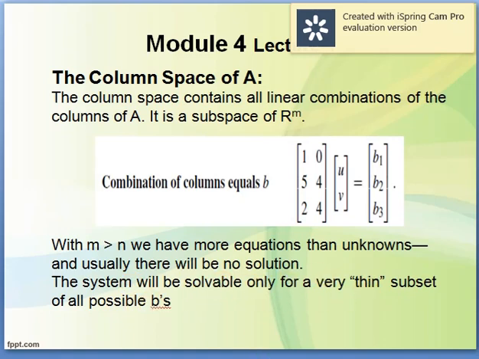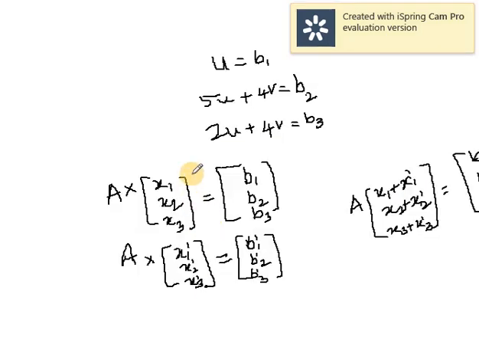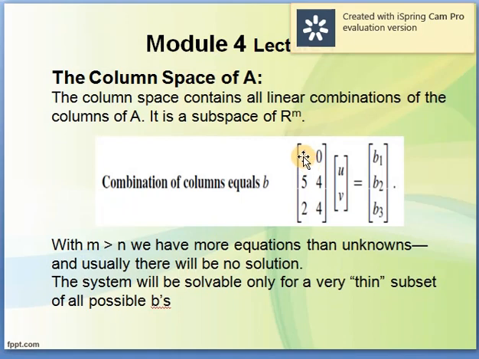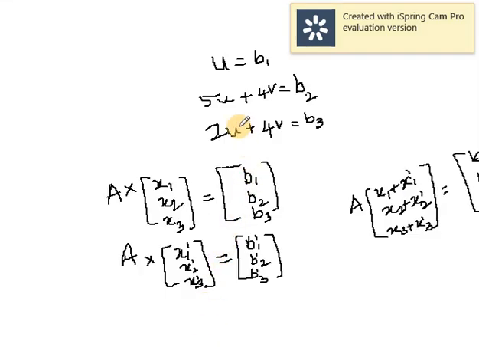So this equation can be written in this way. u is equal to b1, as we know how to write the equations from the matrices. So u is equal to b1 because of 1, 0 times v. Then 5u plus 4v is equal to b2 and 2u plus 4v is equal to b3, as given here.